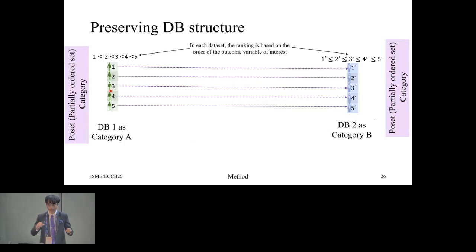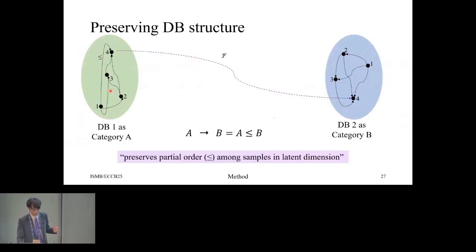Now, what I told you is just in one dimension. If you had a one-dimension problem, you could do it without any machine learning. However, the problem is that we have a high-dimension problem. So think of it, in some latent space, there would be an order. These are the patients, and the arrows between them represent an n-dimensional partial order in some higher dimension.